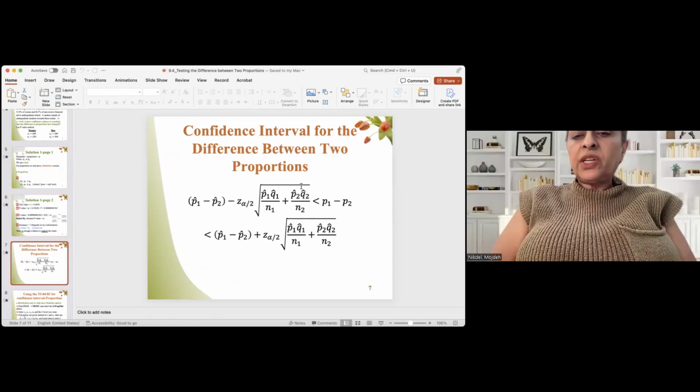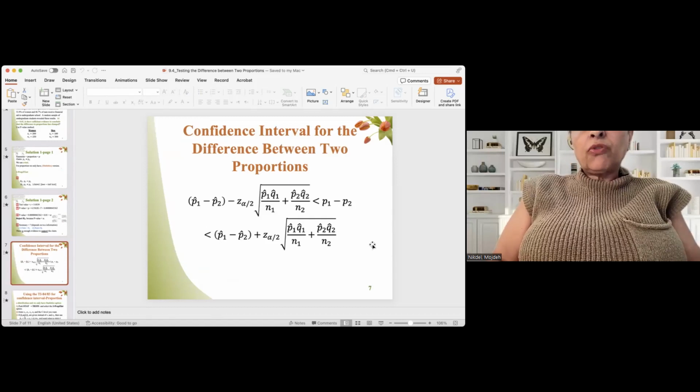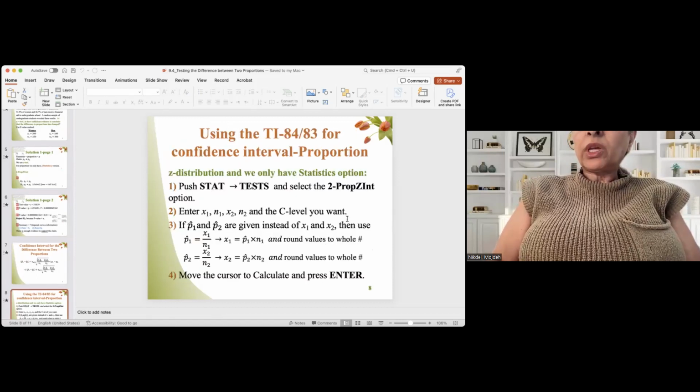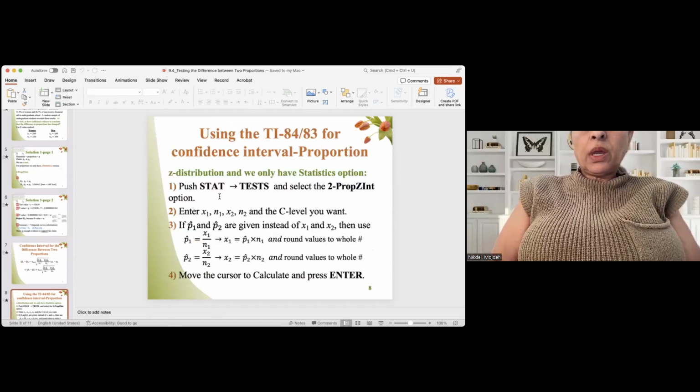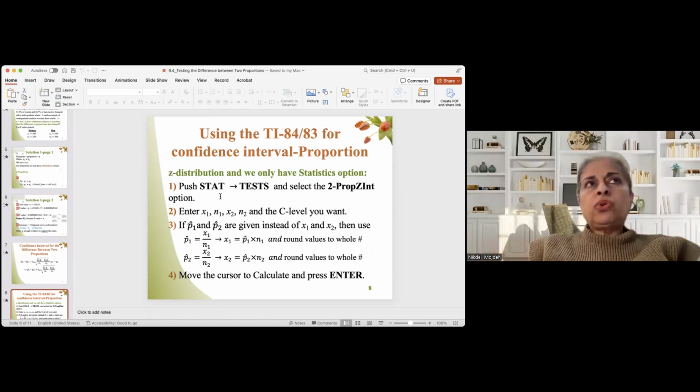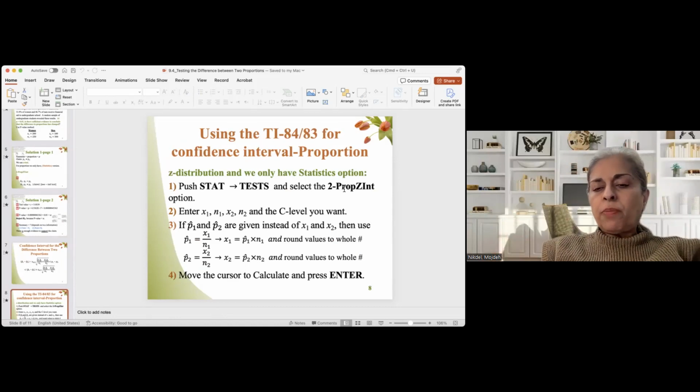This is the confidence interval formula that you can use to find the confidence interval by hand, but you don't have to do it because we can find it with the calculator. Again, we're going to use 2 prop Z int. For interval, you pick int, not the test. There is only a stat version.